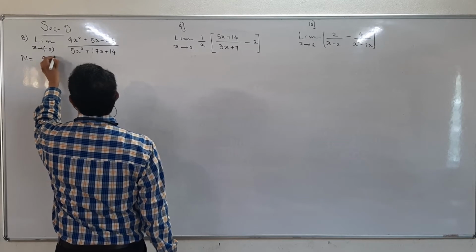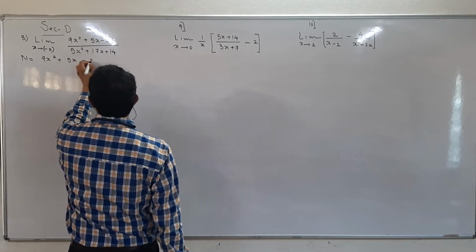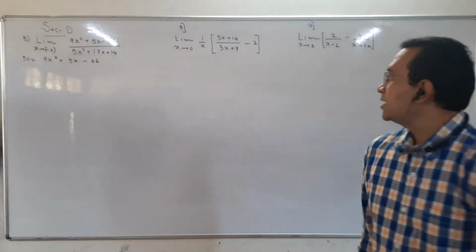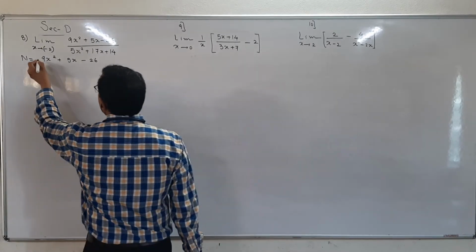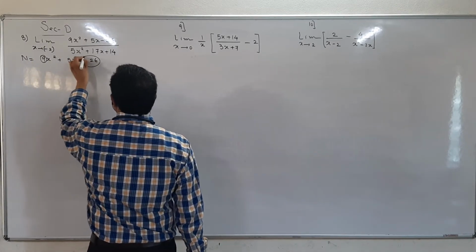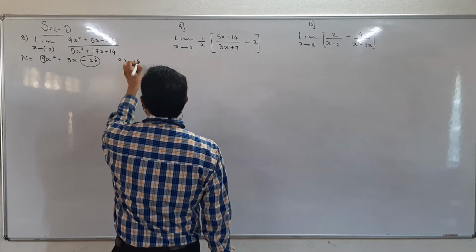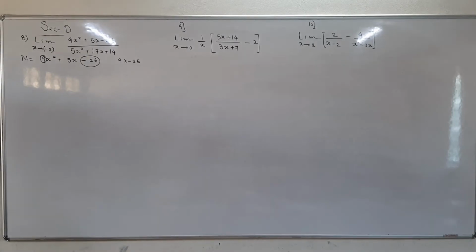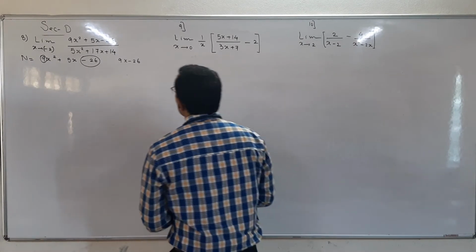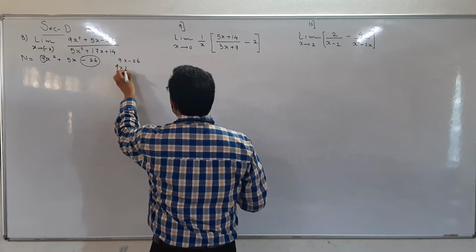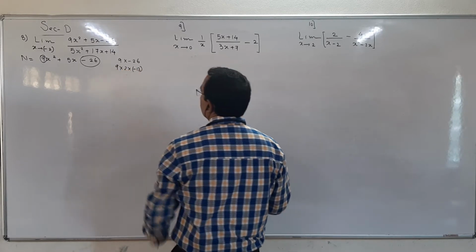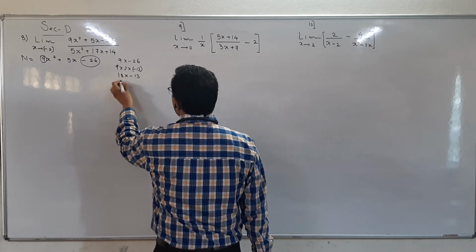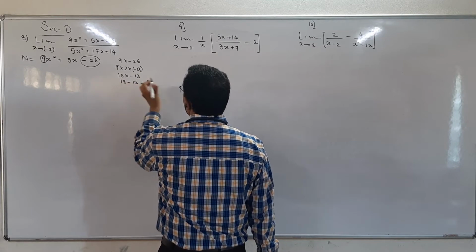Numerator is equal to 9x² + 5x - 26. 9 into minus 26, let me not multiply, just writing 9 into minus 26. Now we want 5. Now 26 is factorized as 2 into 13, so I am writing minus 30. So 18 into minus 30, and 18 minus 30 will give us 5.